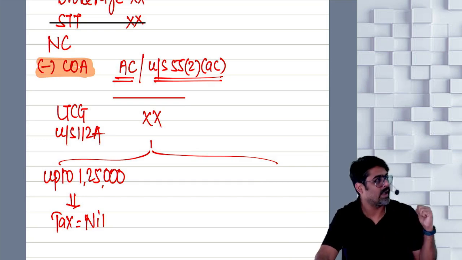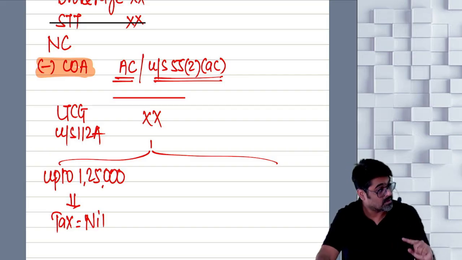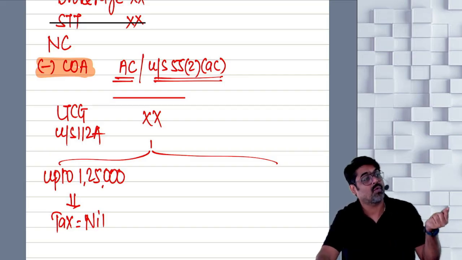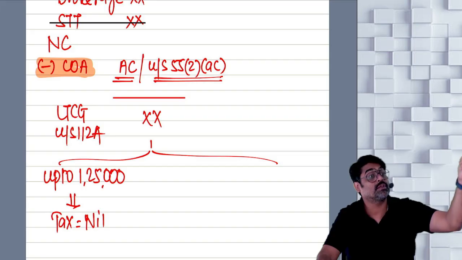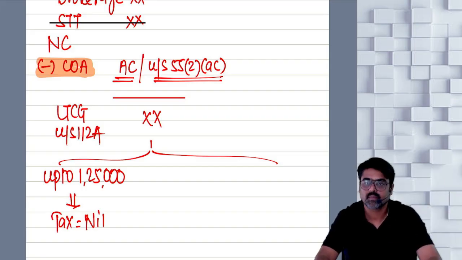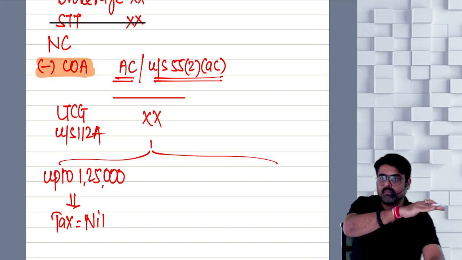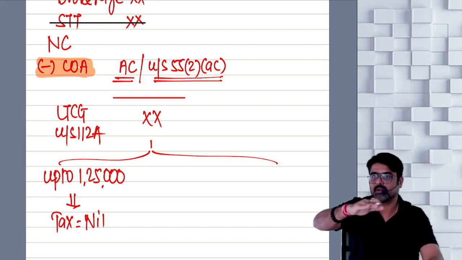Earlier this was 1 lakh, changed to 1,25,000 last year. And earlier, over and above 1 lakh, whatever gain was there was charged at a concessional rate of 10%. Last year, that rate was also changed to 12.5%, because they wanted to rationalize the tax on long-term gain.